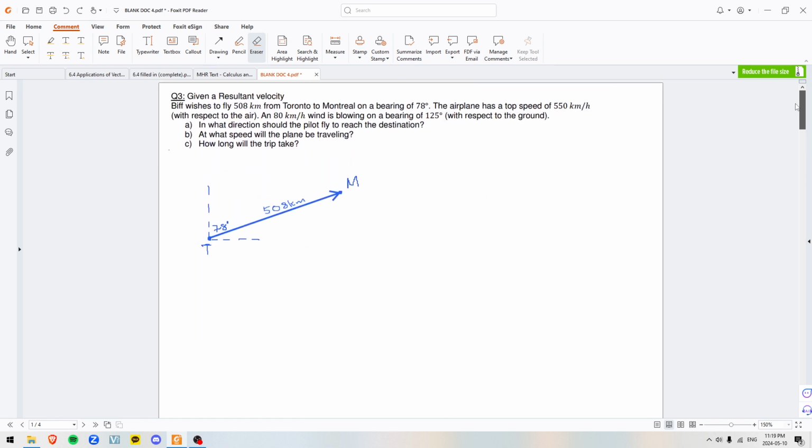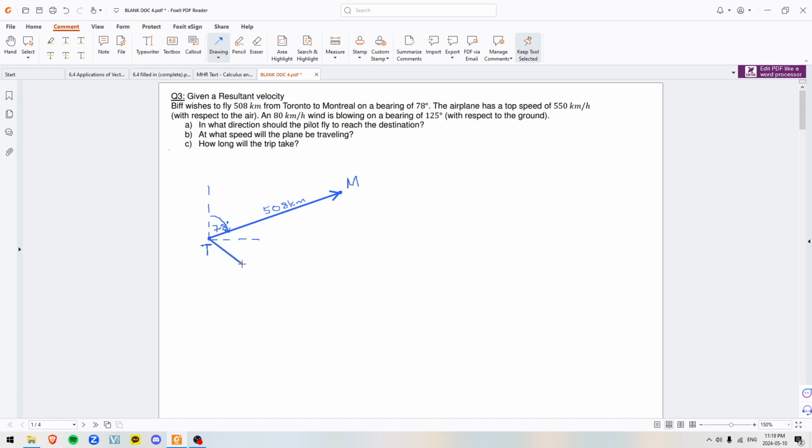Question 3 from 6.4, the handout. Biff wishes to fly 508 kilometers from Toronto, which I pre-drew, to Montreal. It has a bearing of 78 degrees. The airplane in the air, not with respect to the Earth, just on its own, can travel at a top speed of 550 kilometers per hour. An 80 kilometer per hour wind is blowing on a bearing of 125.